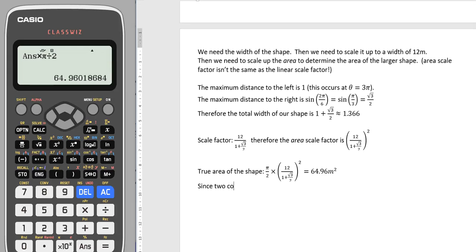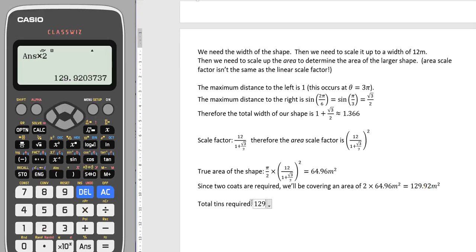So we can say since 2 coats are required, we'll be covering an area of 2 times 64.96 square meters. And that means, of course, we've got more like 130. And we can get the total number of tins required by dividing that number by 30 and then rounding up.